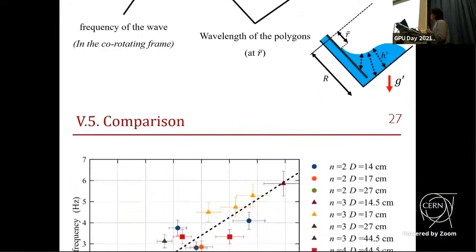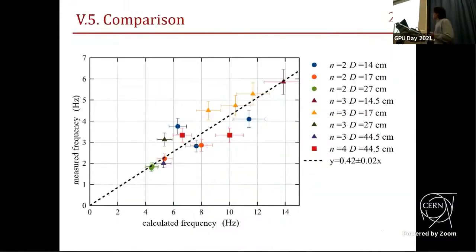They line up around a fitted line whose slope is around 0.42. From this, I would say that these polygon vortices can reasonably be looked at as water surface waves on this tilted surface.